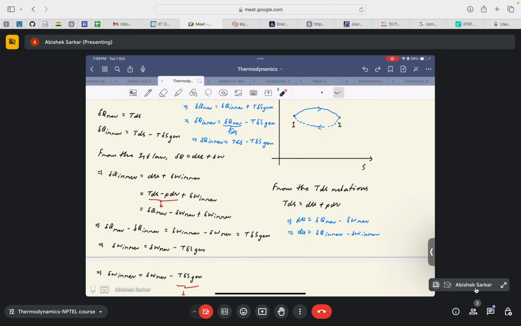So this gives you a mathematical proof to the intuitive understanding that we initially had while analyzing the different thermodynamic systems such as the compressors, turbines.